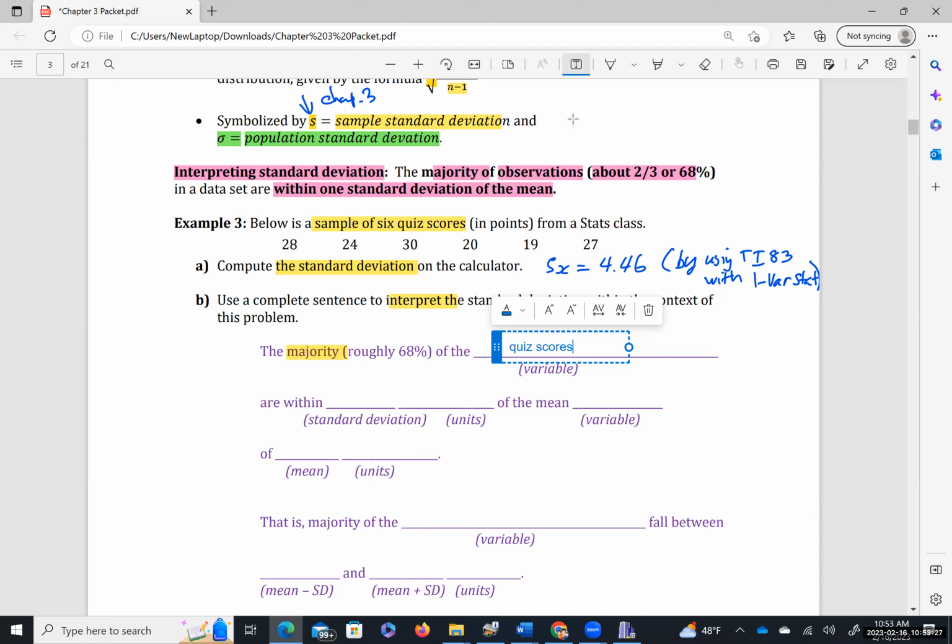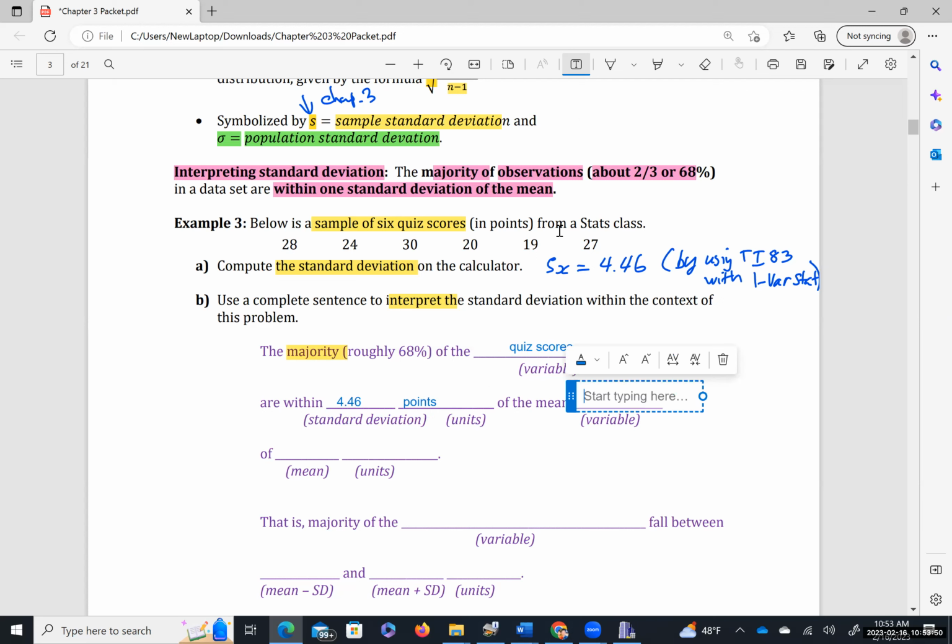It's going to be within, so how many? What is the standard deviation here? 4.46, right? And what's the unit of the variable? It's going to be points, right? And then of the mean, right? Of the mean quiz score.